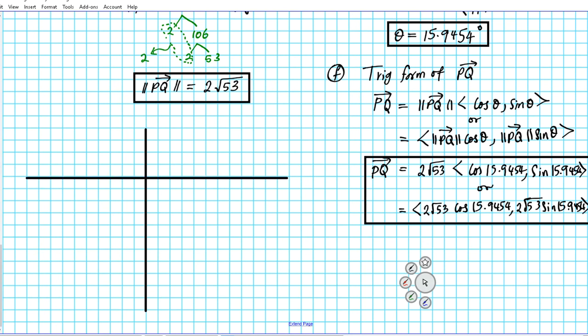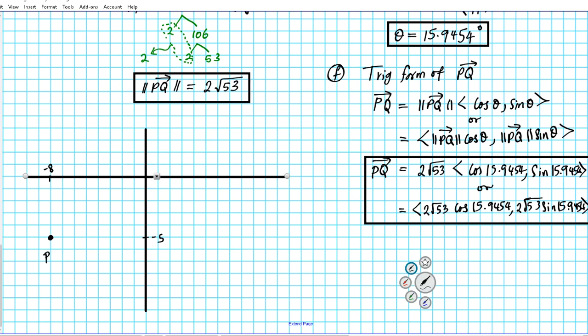All right, so the initial point P was -8 and -5. So let's do that. So 1, 2, 3, 4, 5, 6, 7, 8. So that's -8. And 1, 2, 3, 4, 5. That's -5. So the initial point of the vector P is right here.